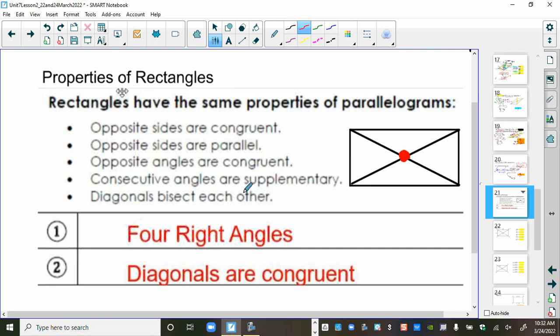And then again, if they bisect each other, that means these 2 diagonals, boom. And in fact, for the rectangle, they're all going to be the same. The 2 diagonals are congruent, and then each part within the diagonal is going to be congruent. And then again, you got 4 right angles.